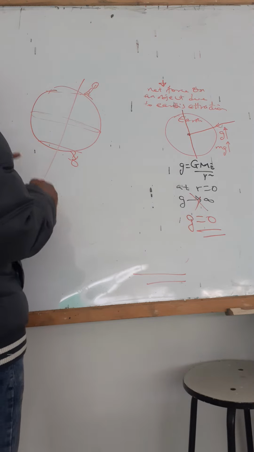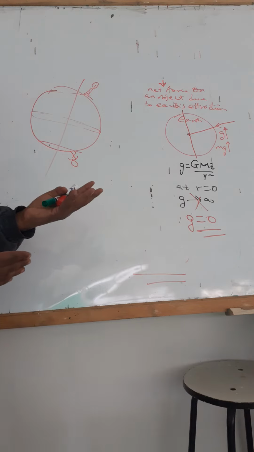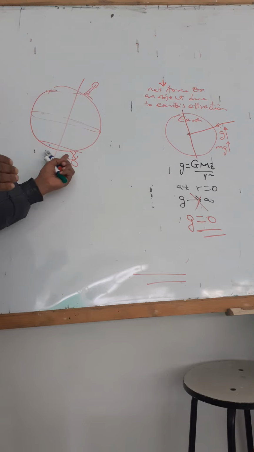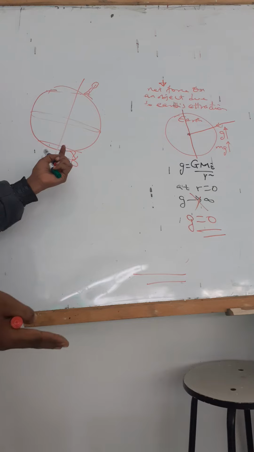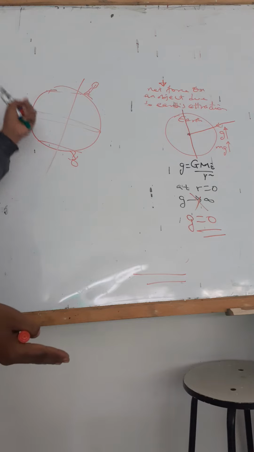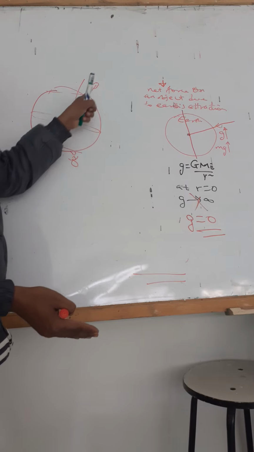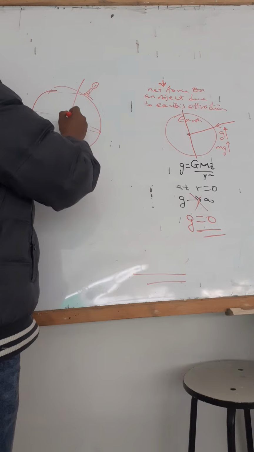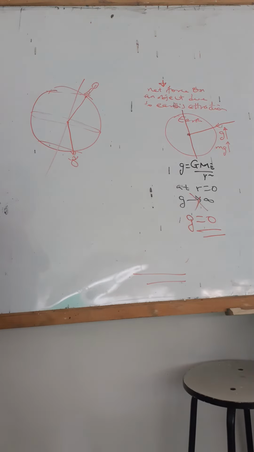If you pick a globe model, you can put an object at that point, but you can't put it at the bottom because of gravitational attraction of the Earth. But for Earth in space, these two people are going to experience the same gravitational force.